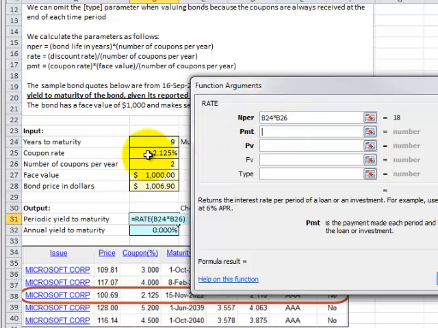How big is each payment? The bond has a coupon rate of 2.125%. We'll multiply that by the face value, and we'll divide by the number of coupons a year. The bond pays $10.625 every 6 months. Present value of the bond we'll have to enter as a negative number.